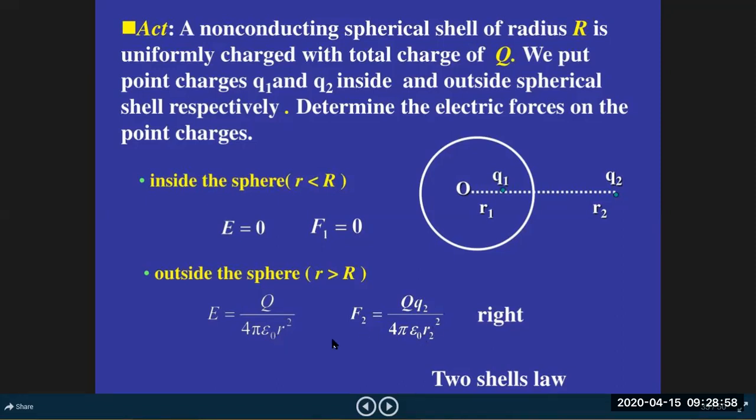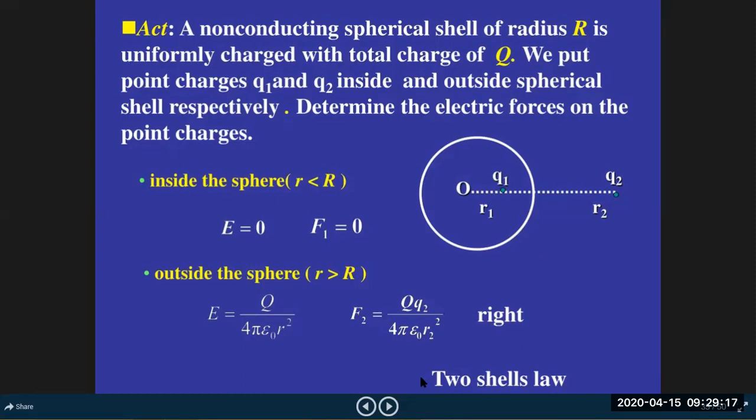Therefore, force experienced by the charge Q2 equals the electric field at this point into charge Q2. So the charge outside the spherical shell will experience electrical force.